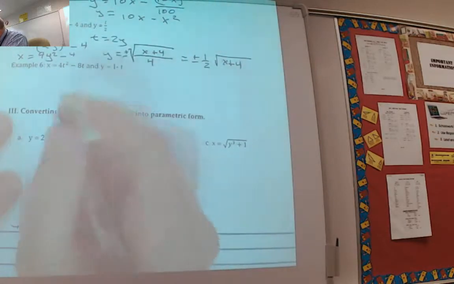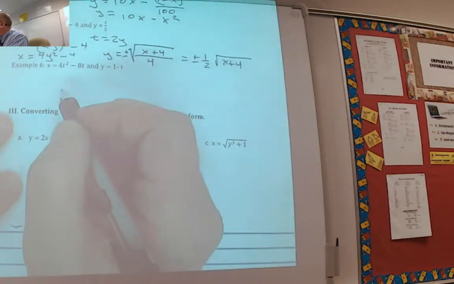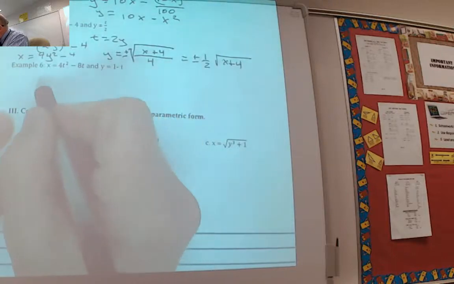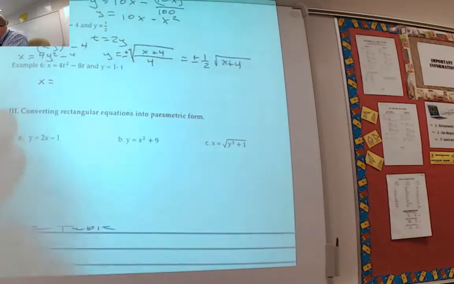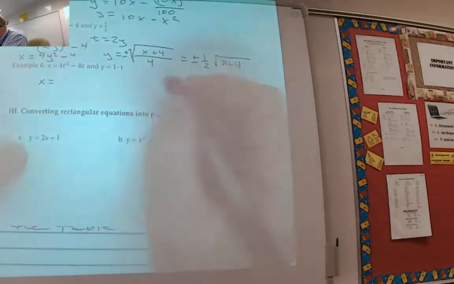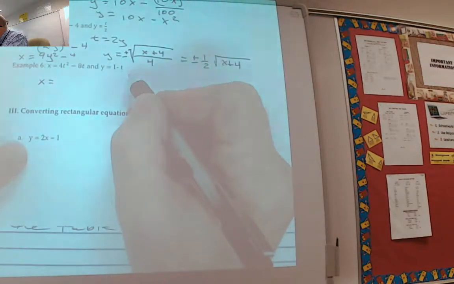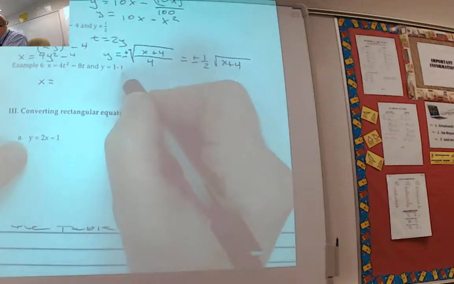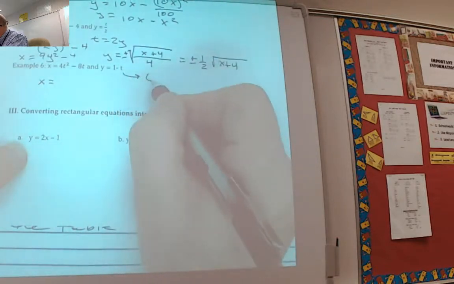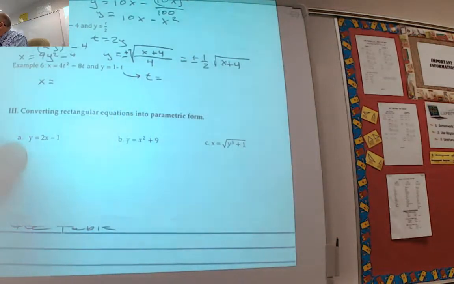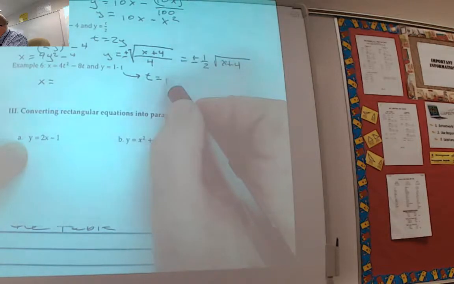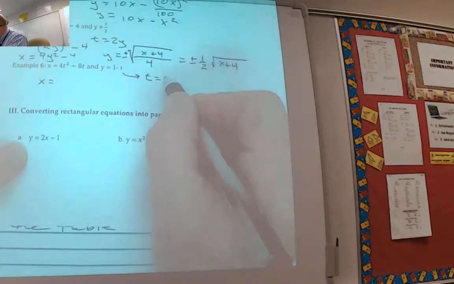Emma, x equals, I bet you could tell me. What's t going to be over here? T is going to be negative y. Okay, can I write it as 1 minus y?